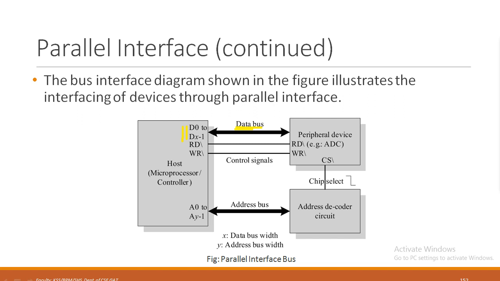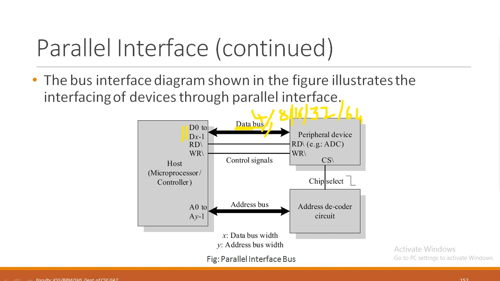It means that the width of the parallel interface is nothing but the data bus width. For example, if the data bus width is 4 bit, then the width of the parallel interface is 4 bit. Nowadays we have 4 bit, 8 bit, 16 bit, 32 bit and 64 bit data bus, or 64 bit parallel interface.